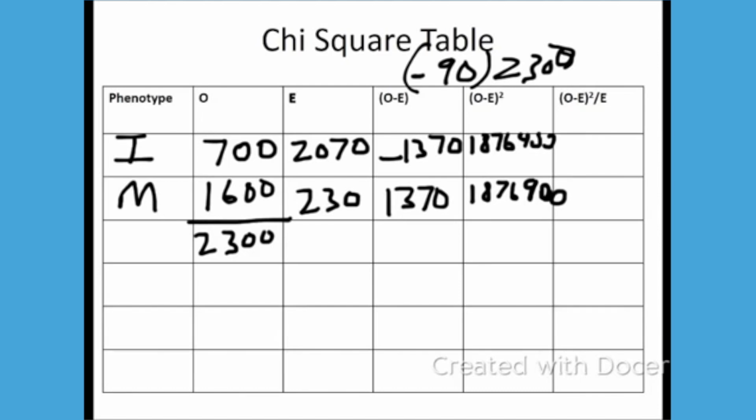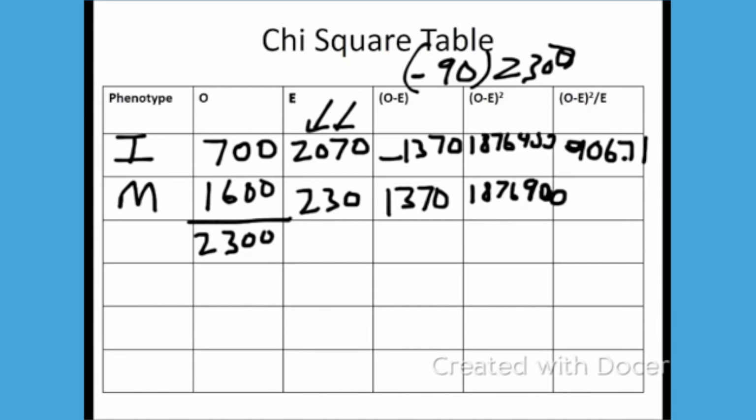Finally, O minus E squared over E. So we'll take the 1,876,900 and we're going to divide that by the expected value for interphase, which is 2070. When we do that, we get 906.71.